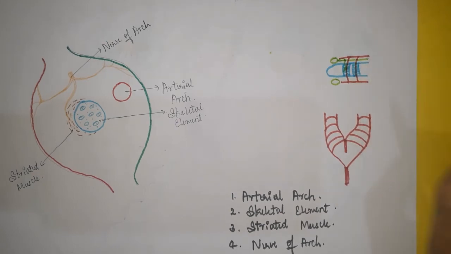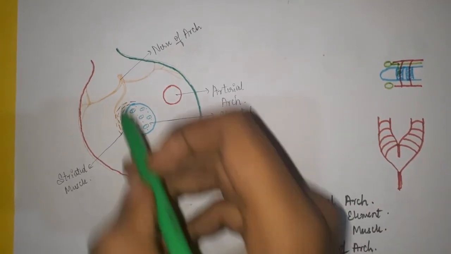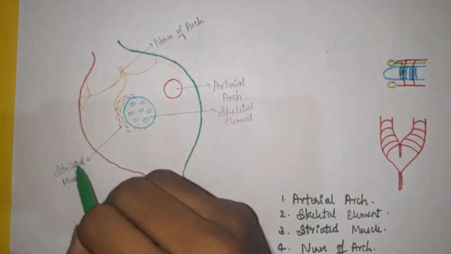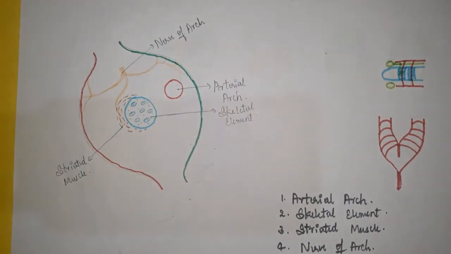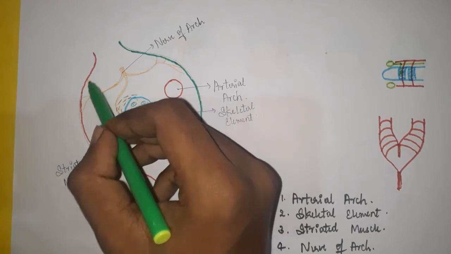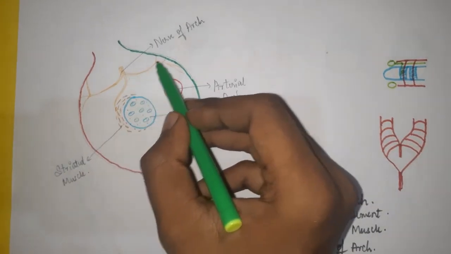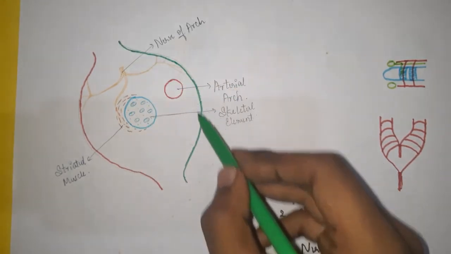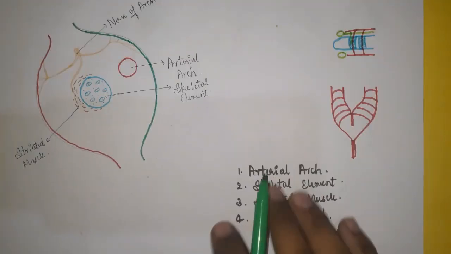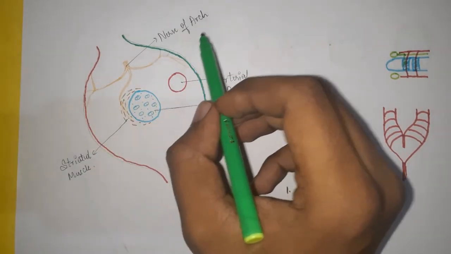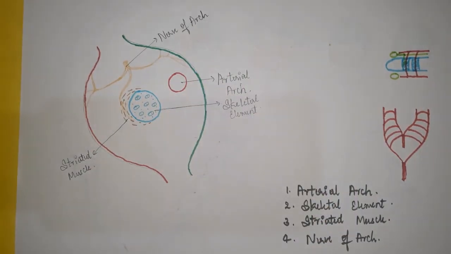This is called the nerve of the arch. This nerve has three branches. The first will supply the striated muscle of that arch, another branch will supply the endodermal layer, and another branch will supply the ectodermal lining. Simple. The nerve of the arch supplies the striated muscle, ectoderm and endoderm of that particular arch.